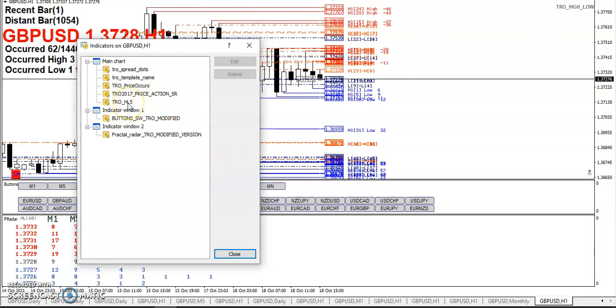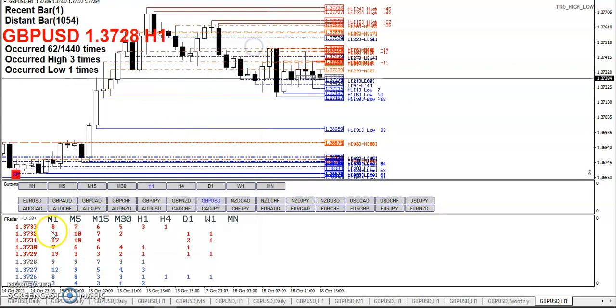And then TRO HL5 that I have set to show only the highs and lows that haven't been crisscrossed, the buttons indicator, and then a fractal radar indicator down here that I've modified to show how many times the highs and lows have occurred over the last 60 bars at these levels. So as you can see, that's a few different things to go over.